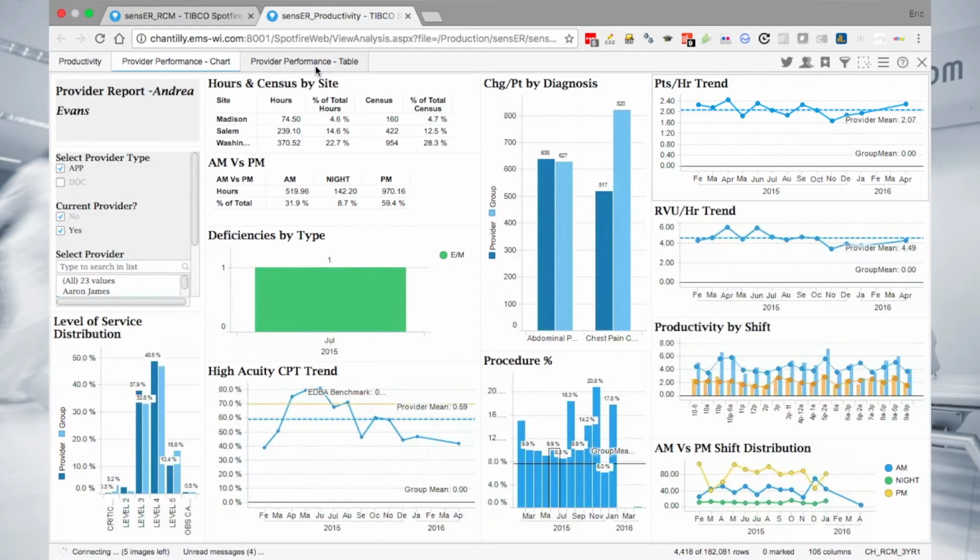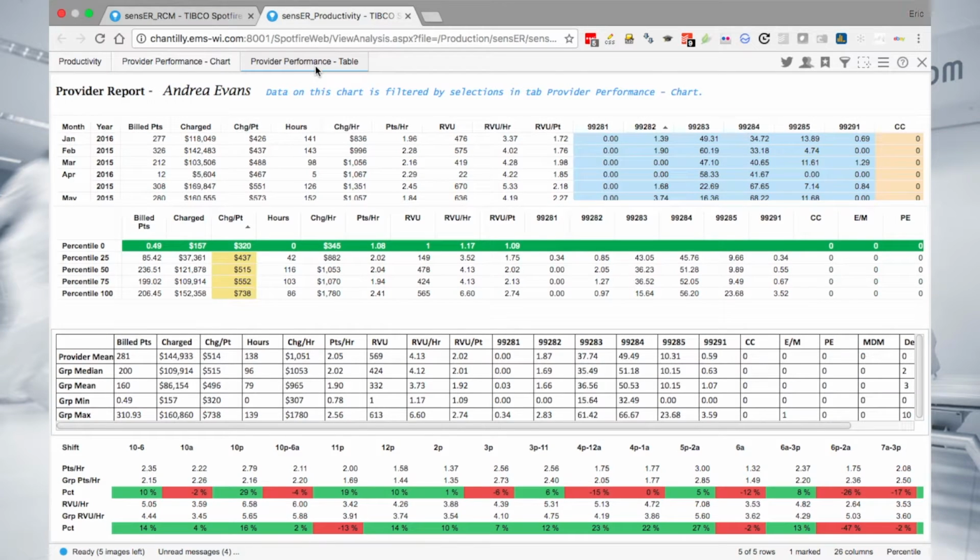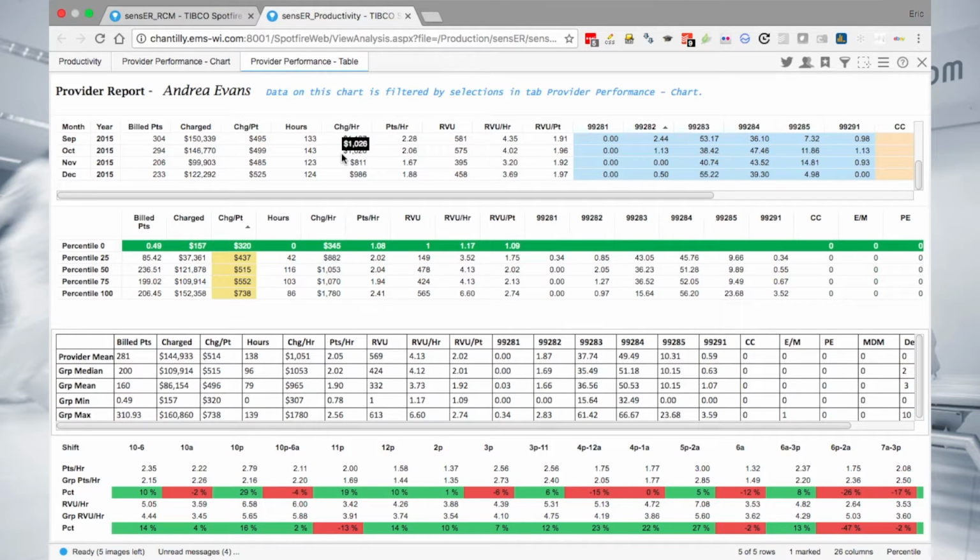This next tab for provider performance provides even more additional detail for those who are interested. We have by-month performance for this particular provider across all metrics. And if we want to look at the mean performance for this entire period, we would look here at this line for the provider mean.